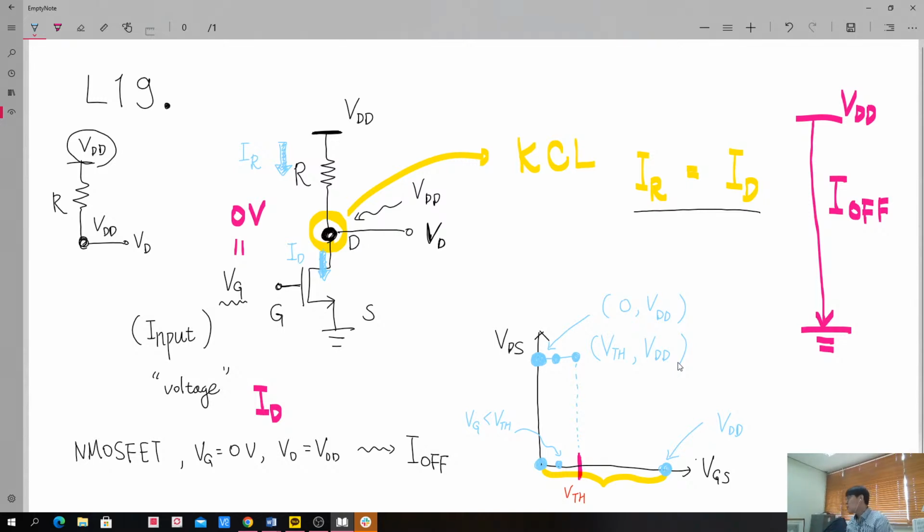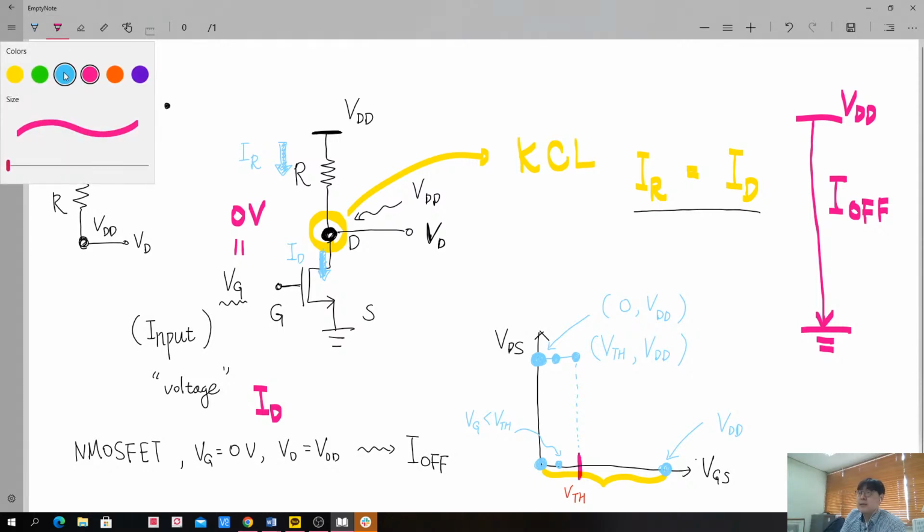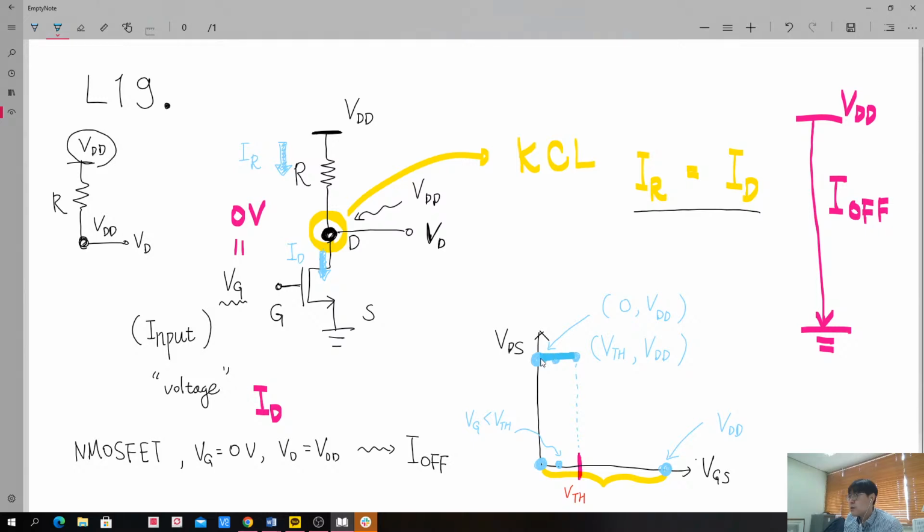So are you with me? Then what we have learned up to now is quite simple, and it means that we will have just a straight line here. So below threshold voltage of our NMOSFET, the output would be just VDD.